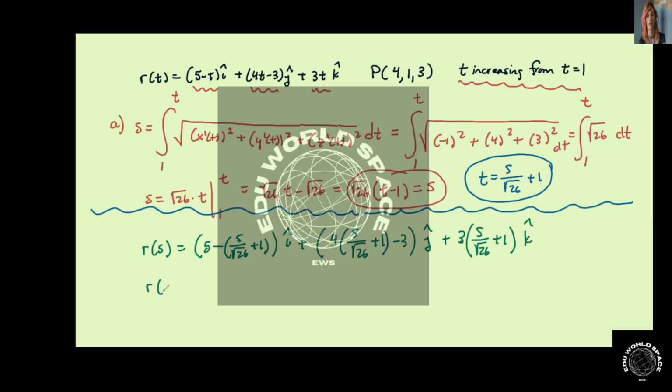Let's kind of get our final answer. We'll combine what we can. It looks like 5 minus 1 is 4, so I get 4 minus 5 over root 26. There's my i hat. The next one I can distribute, so I will get 20 over square root of 26.